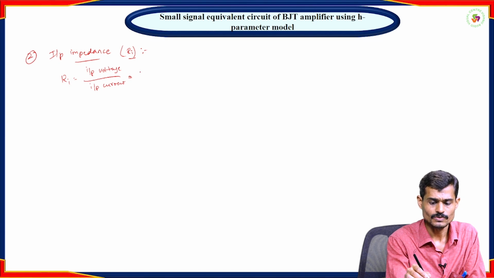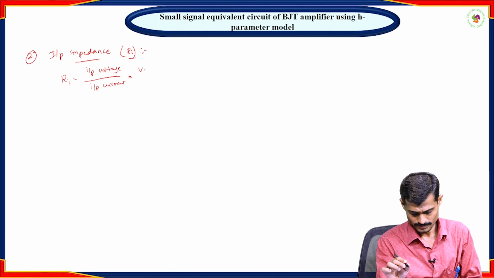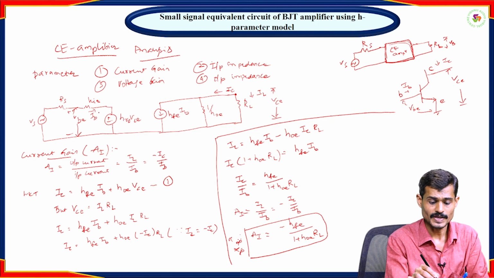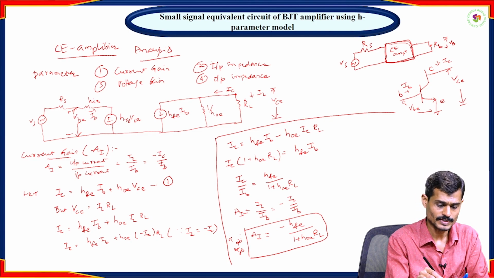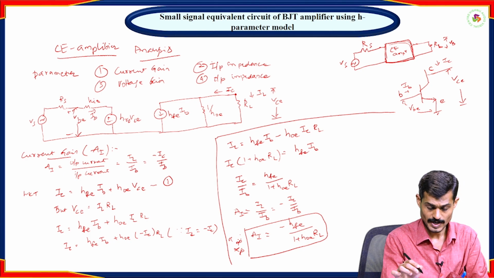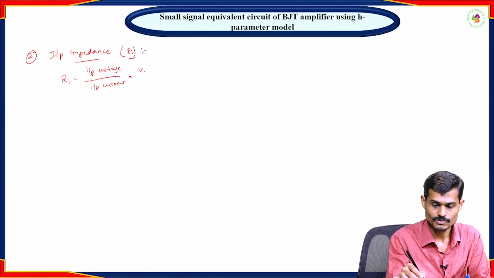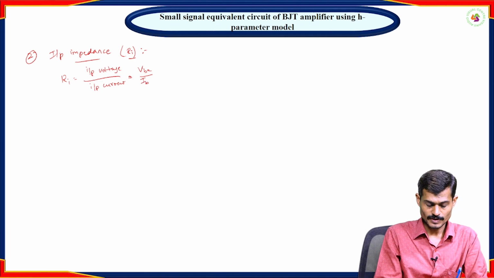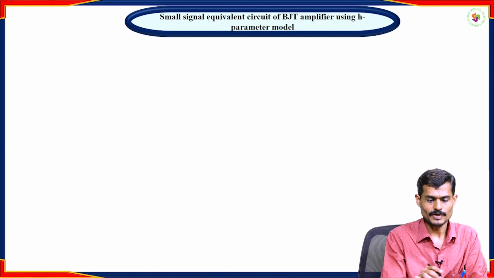So that is equal to input voltage, here it is VBE, divided by input current, which is IB. So Ri equals VBE divided by IB. And from this circuit, how can you write VBE?